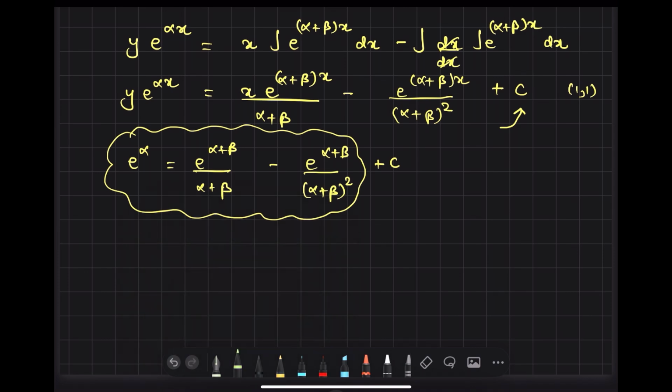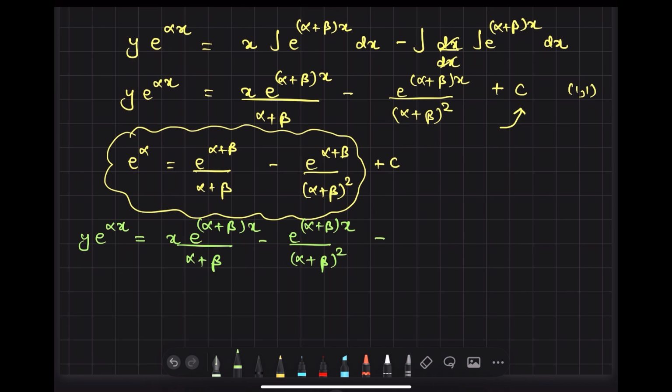So we will have y times e power alpha x is equal to x e power alpha plus beta x by alpha plus beta, minus e power alpha plus beta x upon alpha plus beta whole square.